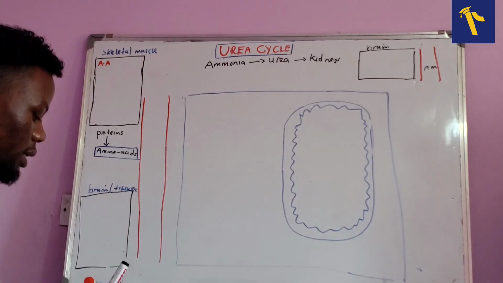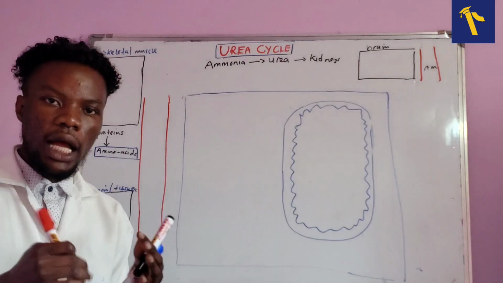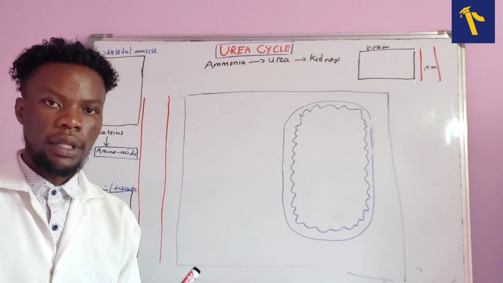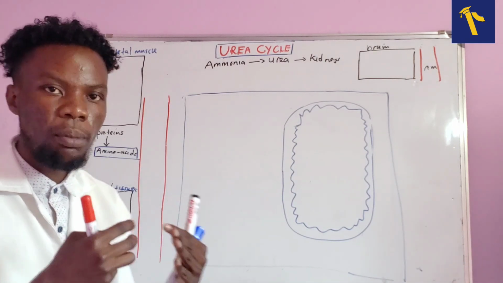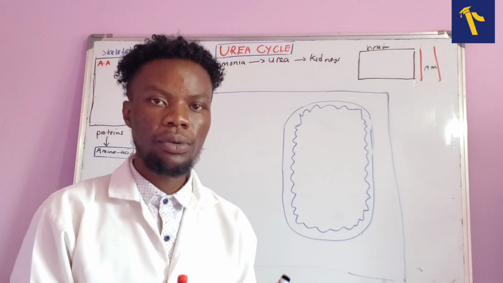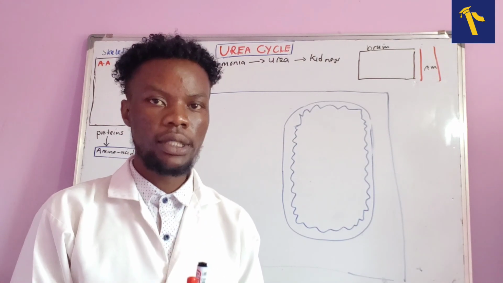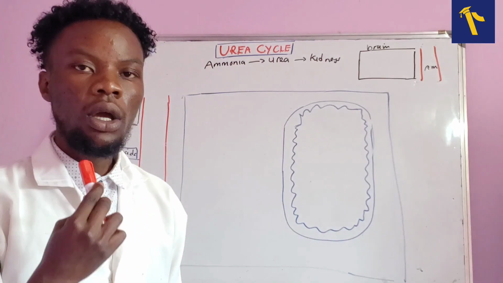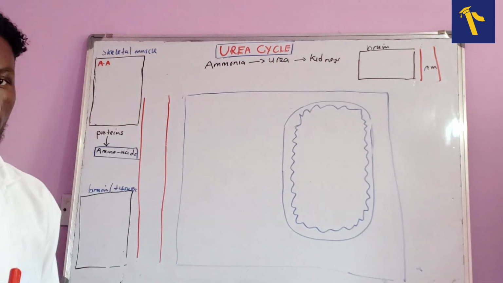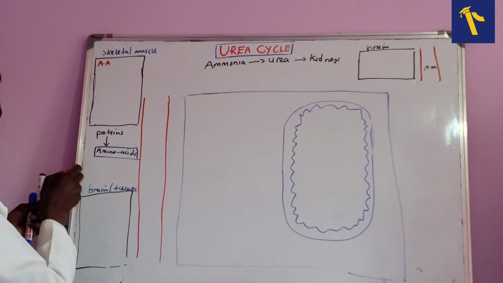Now, for this amino acid to be useful, it has to be combined with a very important molecule that you need to always remember. And what is that important molecule that we need to remember? This is the name.